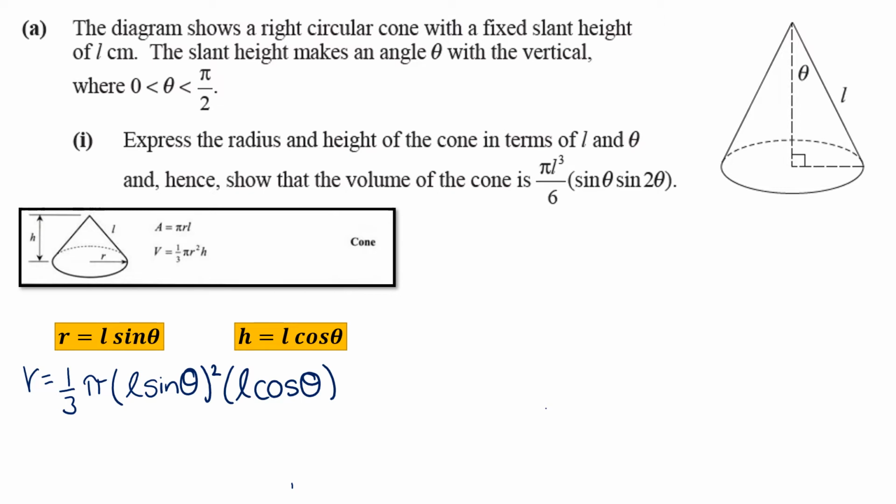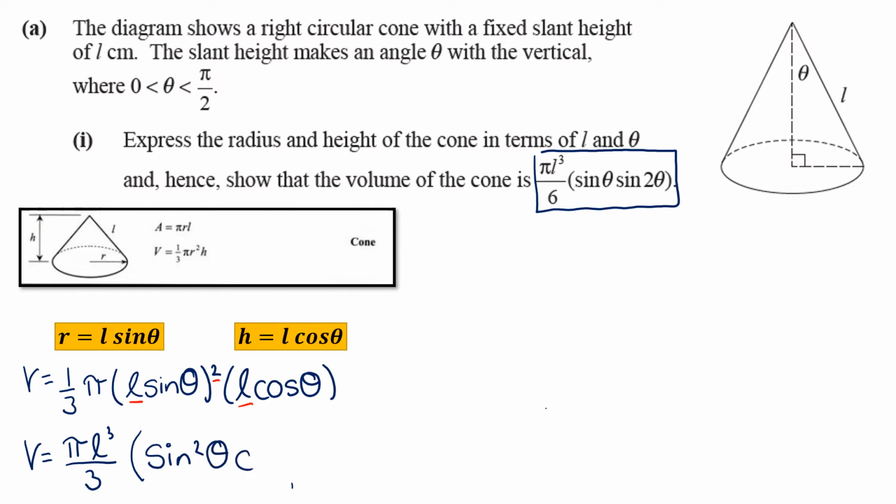Looking at what I want, the pi is there. The L cubed is there because I can pull this L squared out times an L, which gives me L cubed. Now it is over a 3 and not a 6, so we'll have to see what happens there. And then I get sine squared theta cos theta.